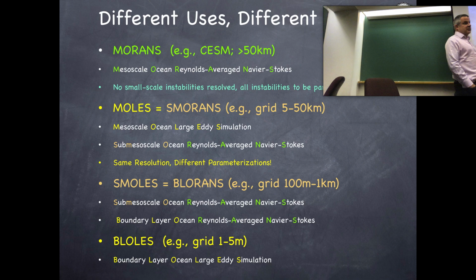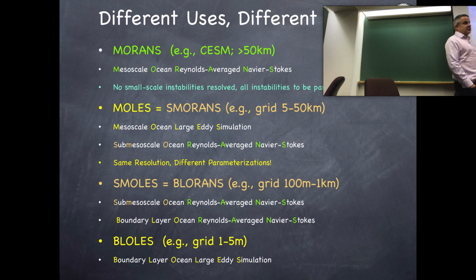What's our key length scale? Deformation radius. So if we resolve the deformation radius, we're going to resolve the instabilities. So there's a mesoscale deformation radius and a submesoscale deformation radius. And so once we know the resolution of our model and those deformation radii, we'll know whether we're permitting those things to occur or not.